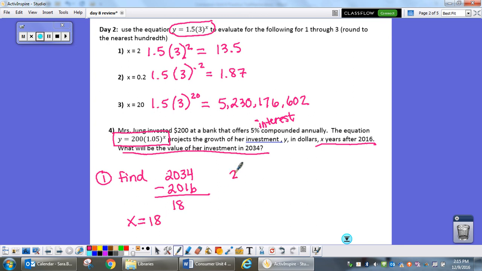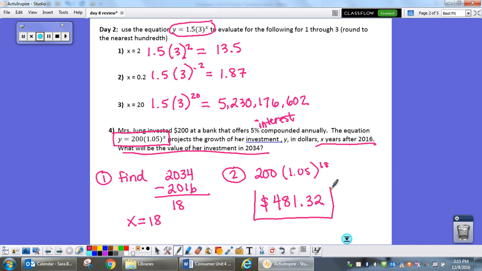Your second step is to just plug and chug. So 200 times 1.05 to the 18th power is this. Now, we are in the real world here, people, so please label that. In 2034, her investment will have gotten to be $481.32.